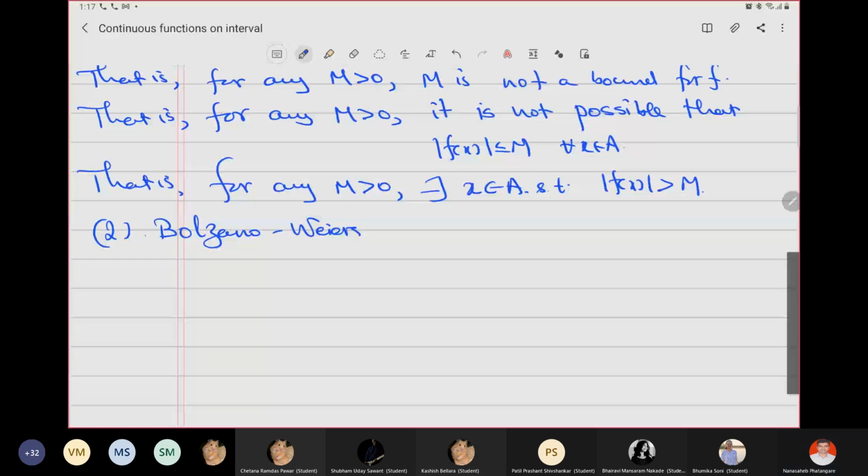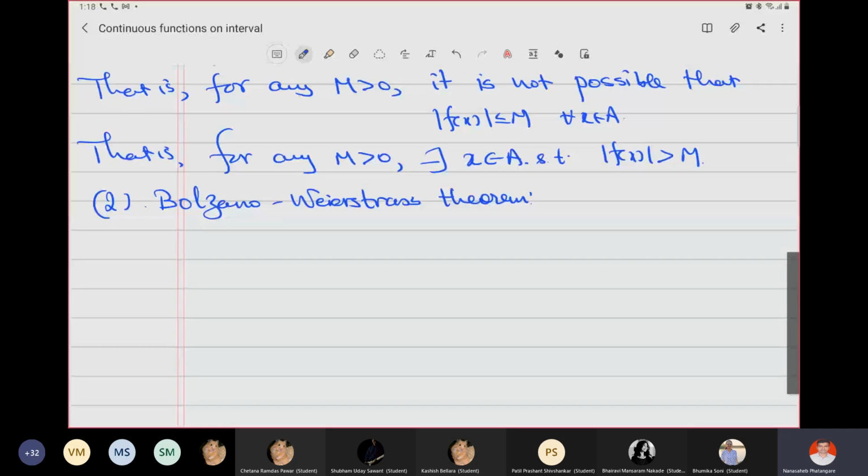We already stated this theorem earlier. Is it about real numbers, or limit, or continuity?